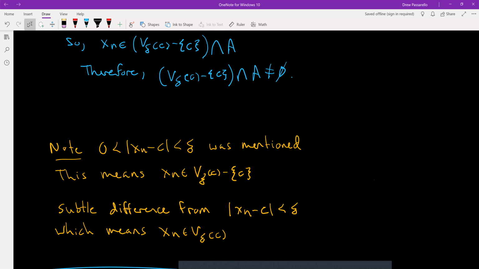Note that 0 less than the absolute value of xn minus C less than delta, all that means is that you have xn part of the punctured neighborhood around C. It is a subtle difference from having the absolute value of xn minus C less than delta, which means you have xn in the delta neighborhood around C, because you could have xn equal to C. So this allows for the possibility for xn to equal C, whereas this, because of the 0 less than the absolute value, guarantees xn is never going to be equal to C. All right, so that's another way of writing that xn is a part of the punctured neighborhood around C. And again, this is my sort of terminology.